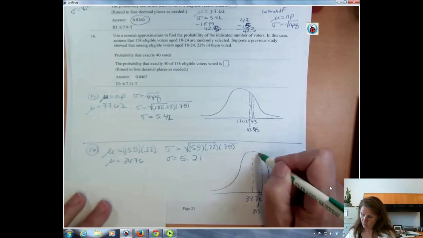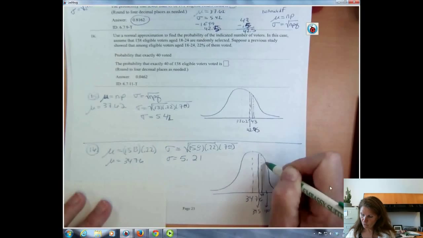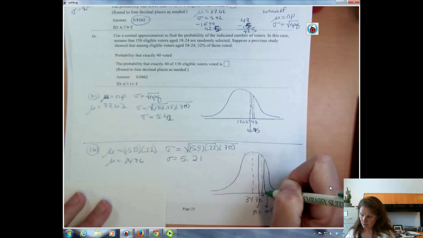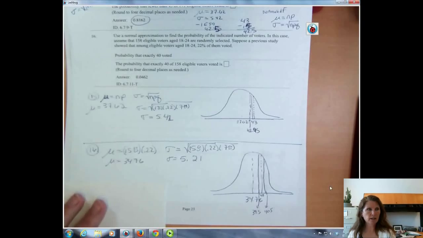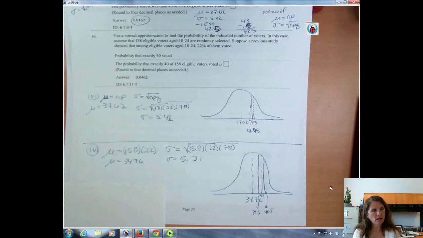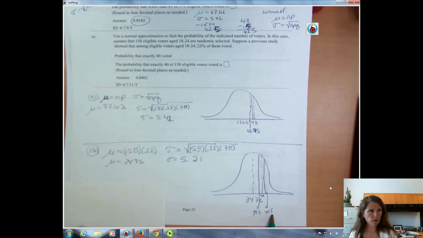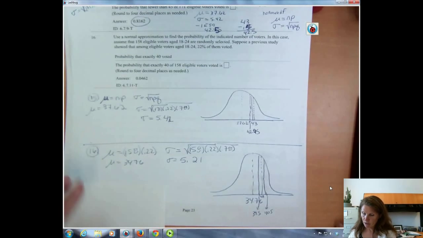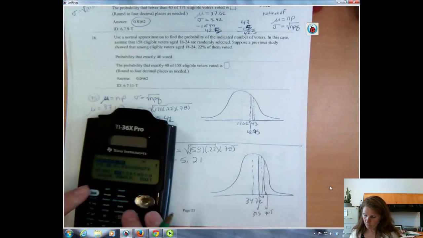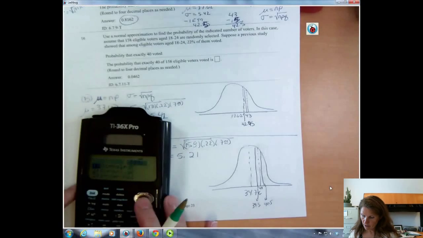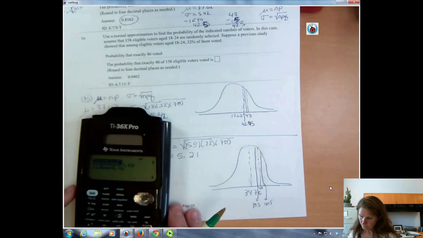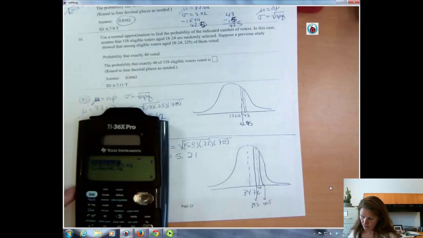But since I can't really use 40 because 40 is just like a thin line, I do a little bit on either side, and I look at the lower range of 39.5 and the upper range of 40.5. And that's what's going to give me, hopefully, close to what they got. 34.76 and 5.21.